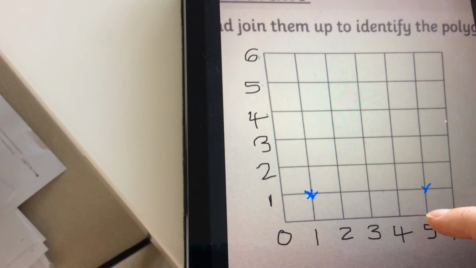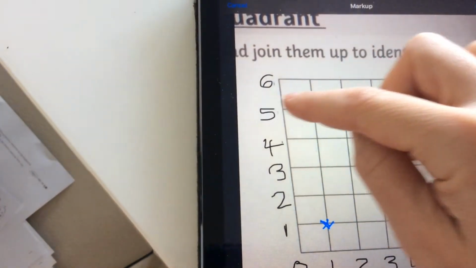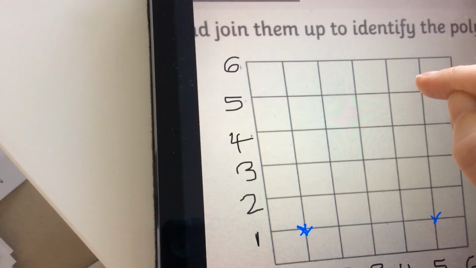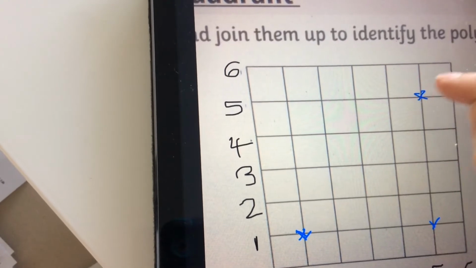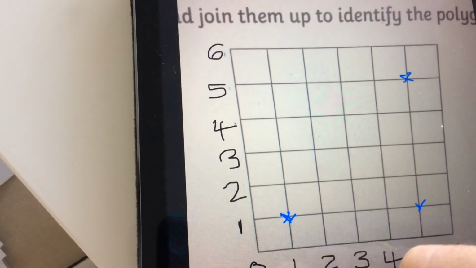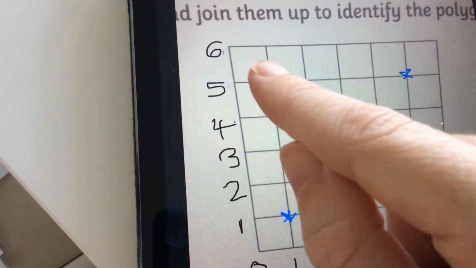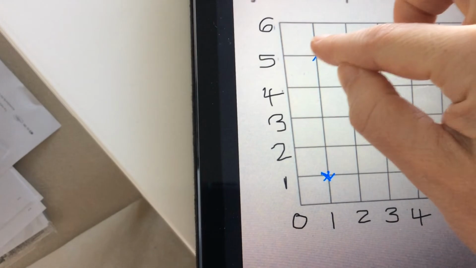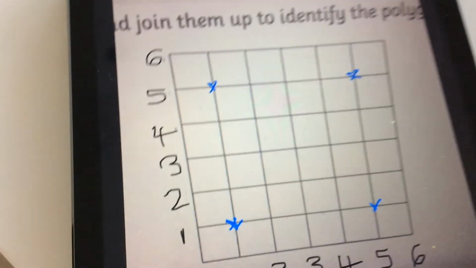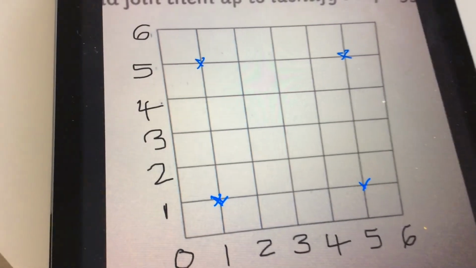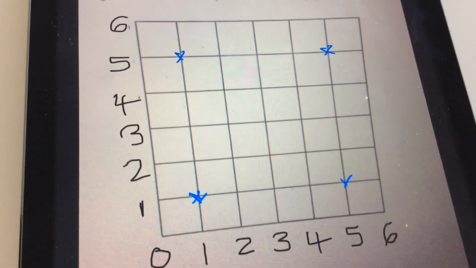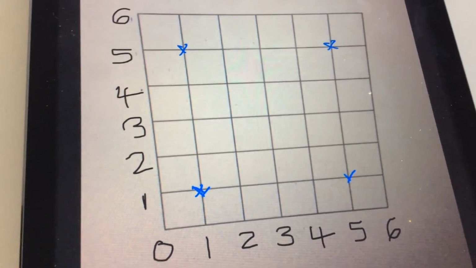So 5 on the x-axis, 5 on the y-axis is going right there. And then the next one is 1, 5. So 1 on the x-axis, 5 on the y. Where do they join up? Just there.